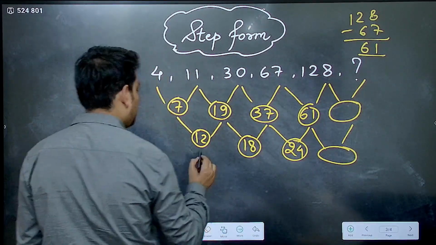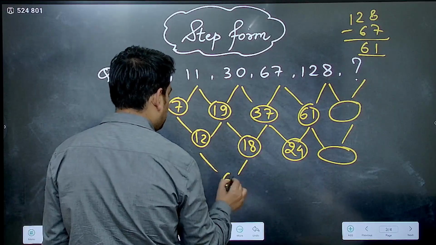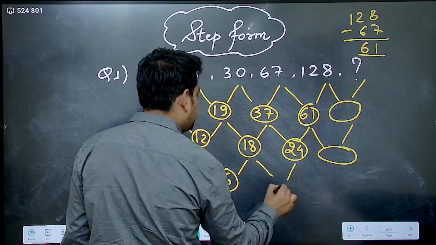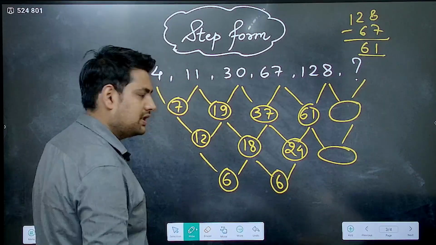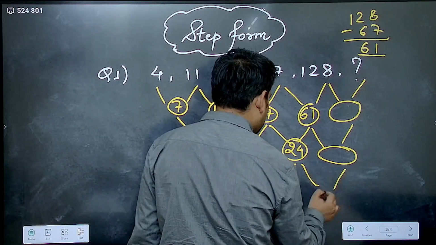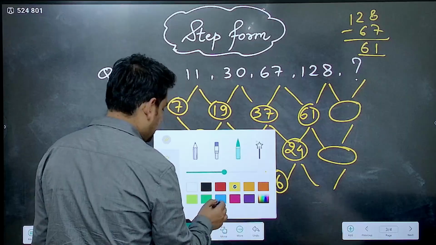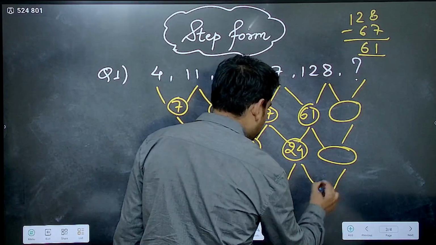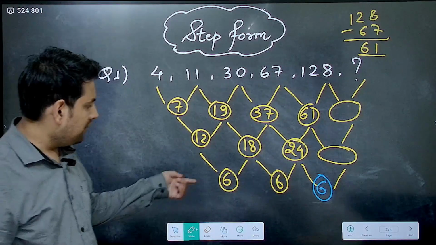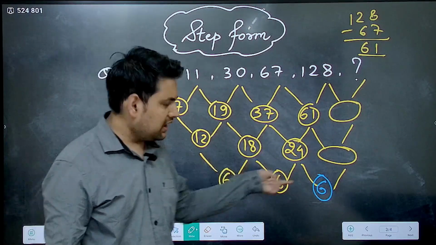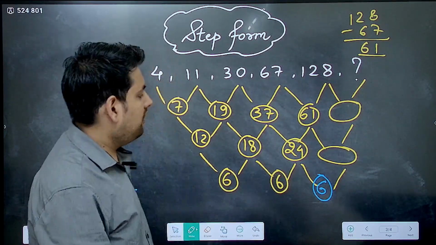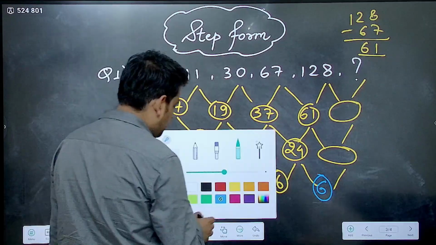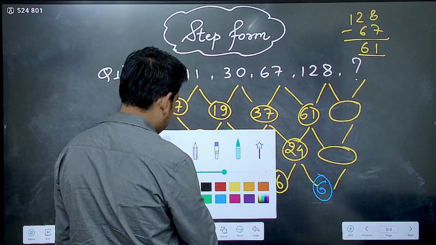Now, 12 and 18 gives you a difference of 6. 18 and 24 will again give you a difference of 6. Now, this and this number will also give you a difference of what? A difference of 6. It has to give you, because the difference is 6 here, 6 here. By pattern, 6 should be the difference here also. Now, understand what you need to do.